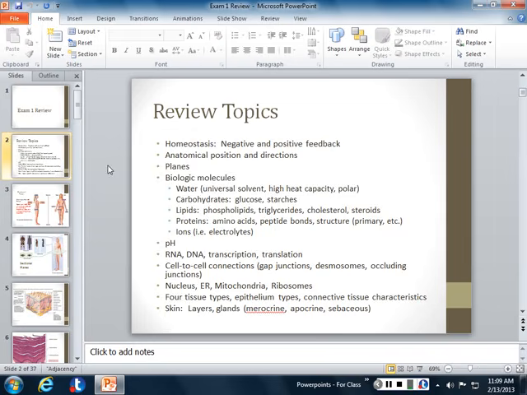Some of the reasons for that: water is known as the universal solvent. Now, it can't actually dissolve everything, but it can dissolve lots of things. So because water can dissolve so many different things, it allows complex solutions or mixtures of substances dissolved in water. So it has a high solvent potential.